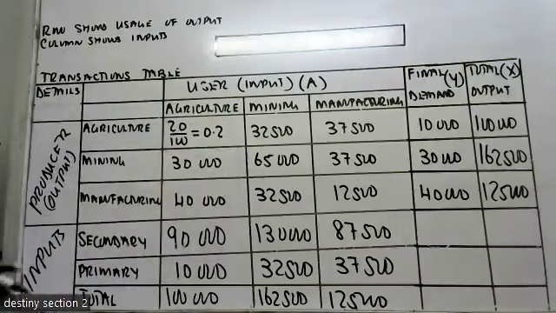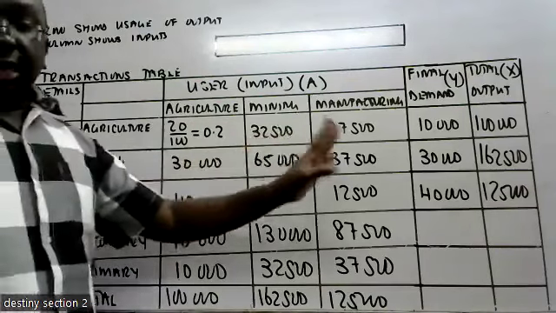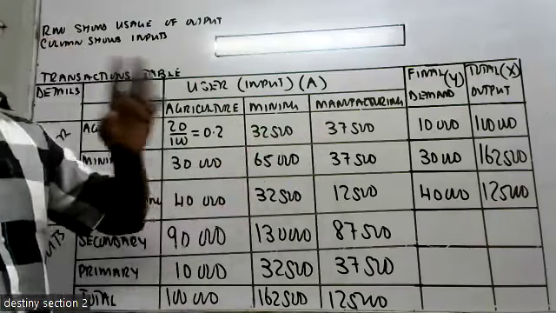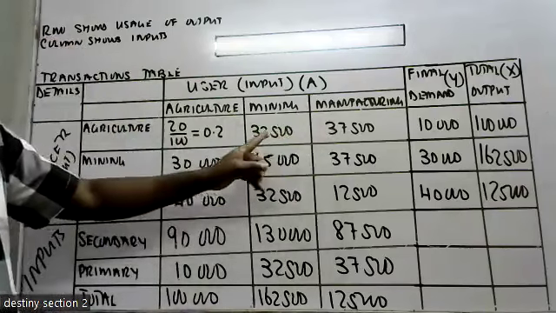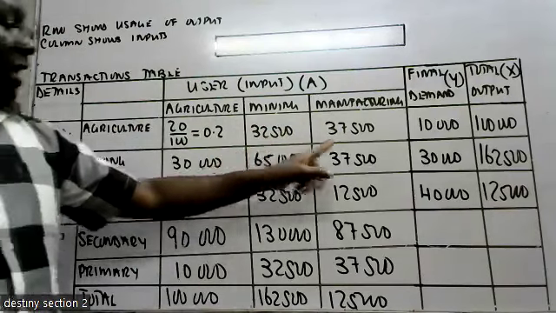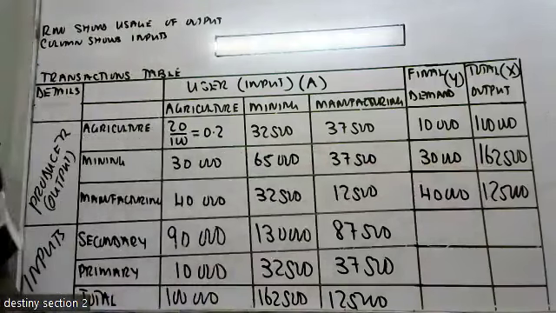Okay. Now, I will tell you when to write. This one is what is required by mining, so that mining can make what? 162.5.